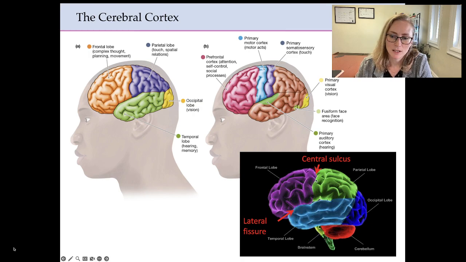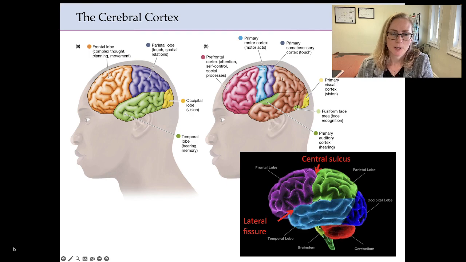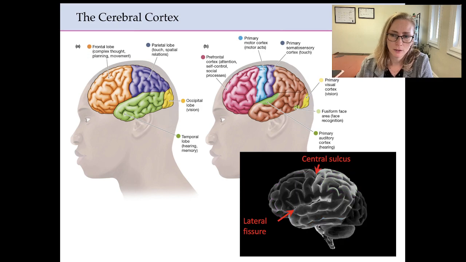The one behind it, this gyrus, and again, each person's anatomical configuration looks a little bit different, but overall, we're going to have this map of the brain where behind the central sulcus we have the primary somatosensory cortex, right? And you can see that up here, primary motor, primary somatosensory. So somatosensory being touch, right? The sensations you get in your skin that tell you temperature, pressure, and pain.